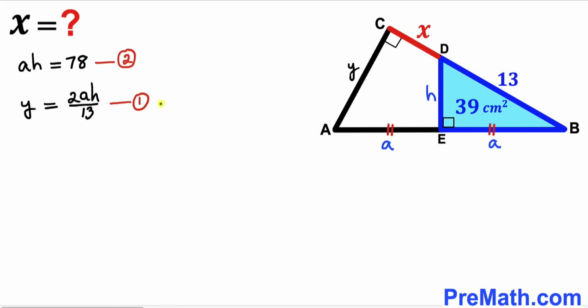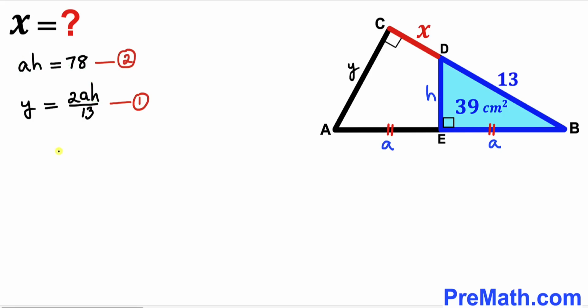And here we ended up with these equations, equation 1 and equation 2. And now let's focus on equation 2. Our a times h value is 78. I'm going to substitute that value over here in equation 1. So this a times h value, I'm going to replace with the 78.